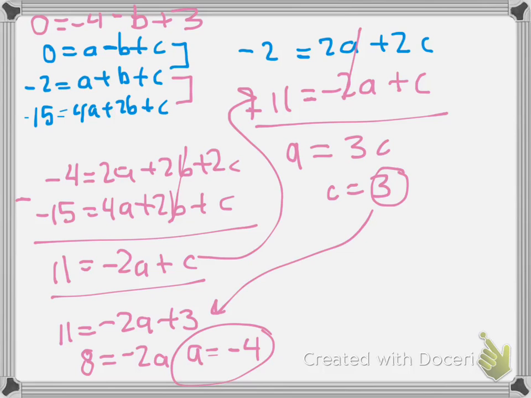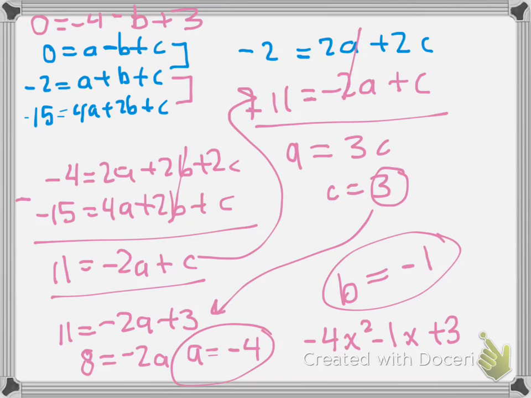So b has got to be equal to negative 1. So if I have my a, my b, and my c, I can plug those in and write my quadratic formula: negative 4x squared minus 1x plus 3 equals y. And I can solve it.